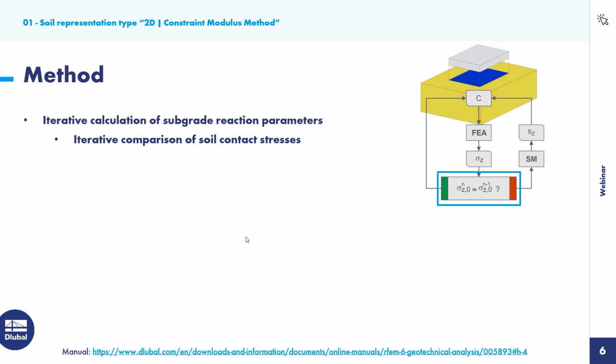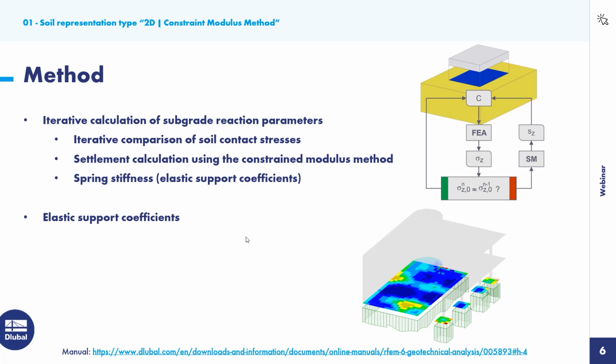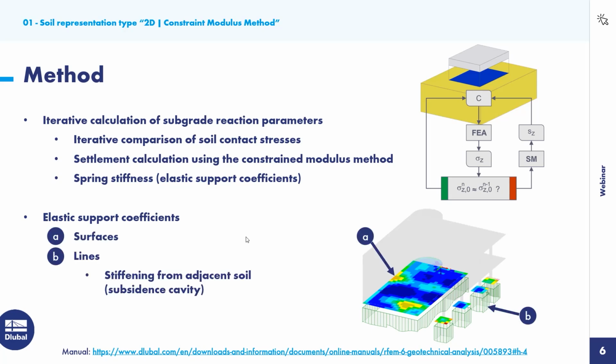So if the contact stresses from the former iteration and the actual iteration are equal, the settlement calculation is done using the Constraint Modulus method and gives back spring stiffnesses as elastic support coefficients. They are available, first of all, for the surfaces and additionally for the lines, to get additional stiffening from the adjacent soil.